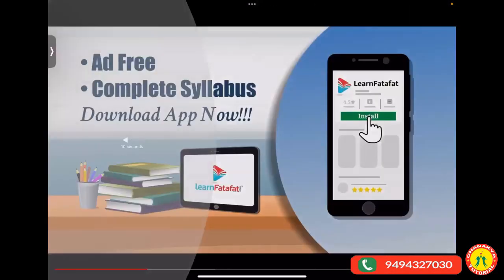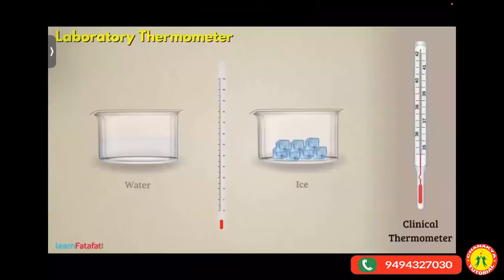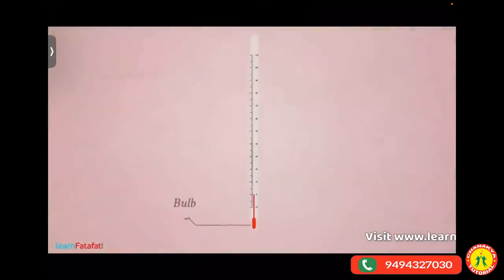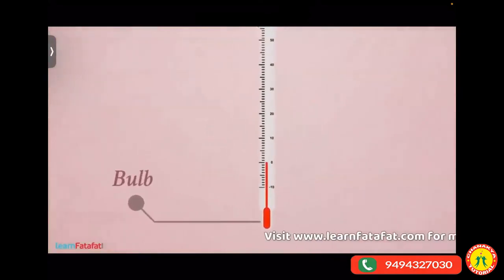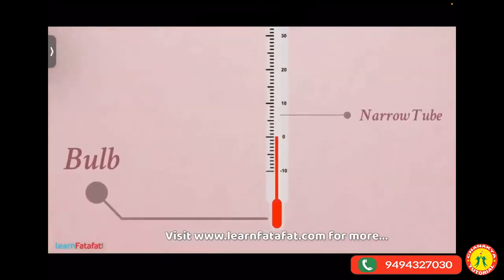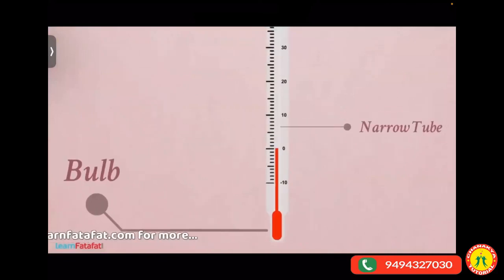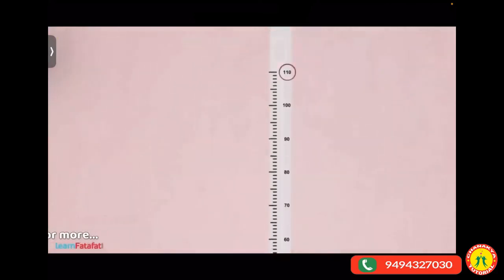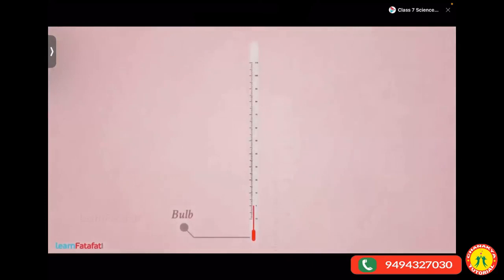There is a bulb at the side of the thermometer. A narrow tube having the same thickness throughout originates from the bulb and extends towards the highest reading. A tube formed by this bore is the capillary tube.